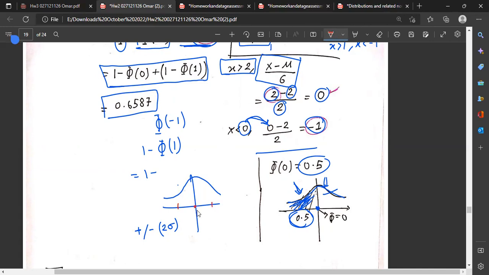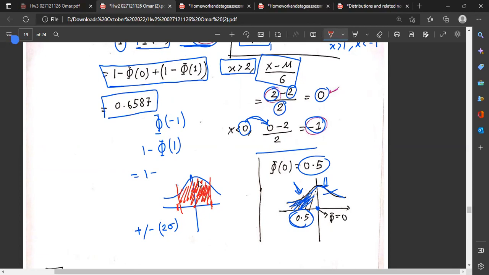Here is 0, so 0.5 is here and let's say 0.5 is here. So most of the events will be between this region. Okay, so this is how we understand this normal distribution graph.